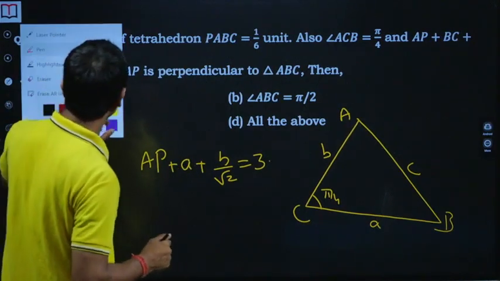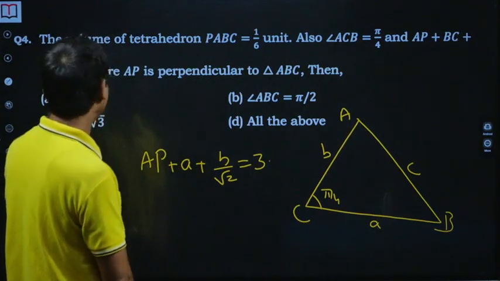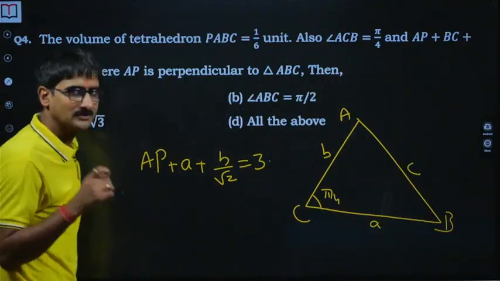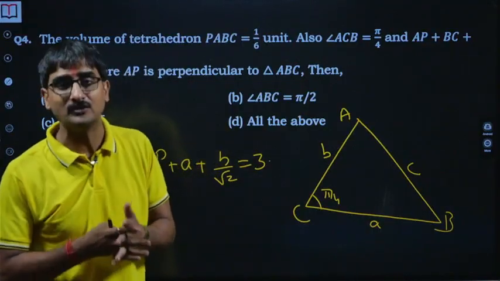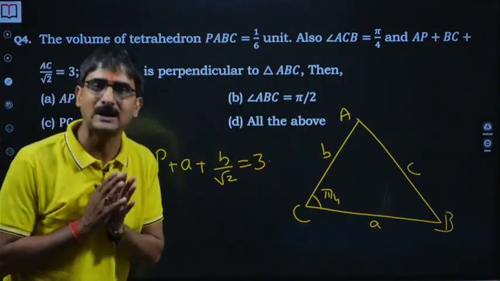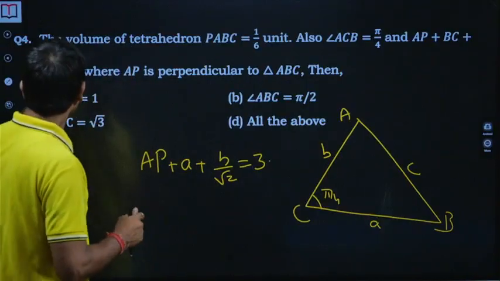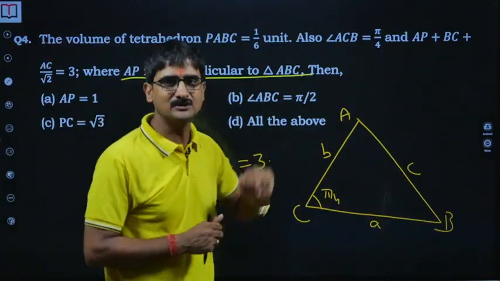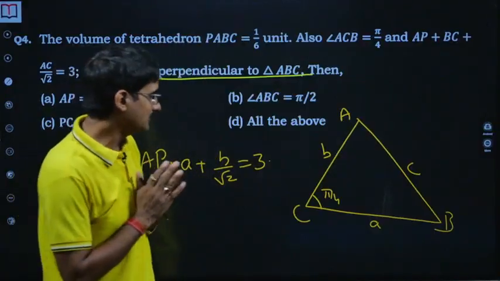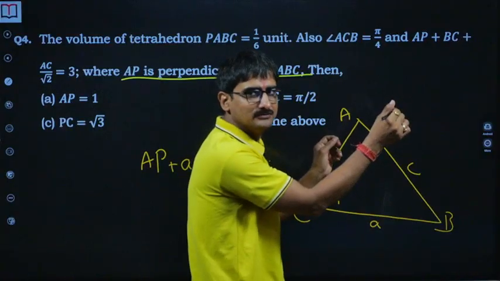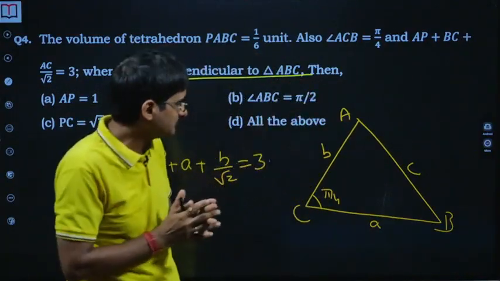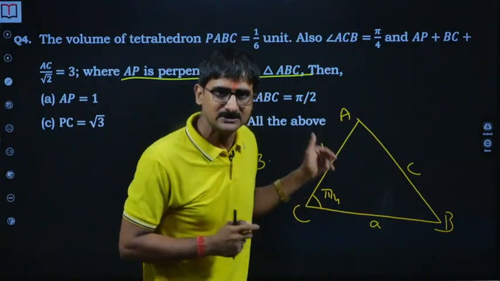Volume of tetrahedron PABC is given as 1 by 6. And we should remember that the volume of tetrahedron is 1/6 the volume of the parallelepiped, where AP is perpendicular to ABC. Now if I consider the prism, what does that mean?